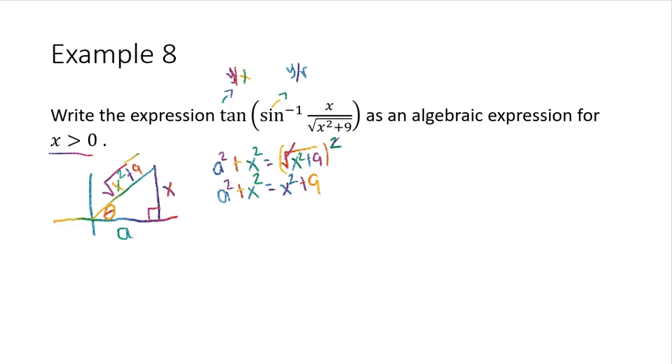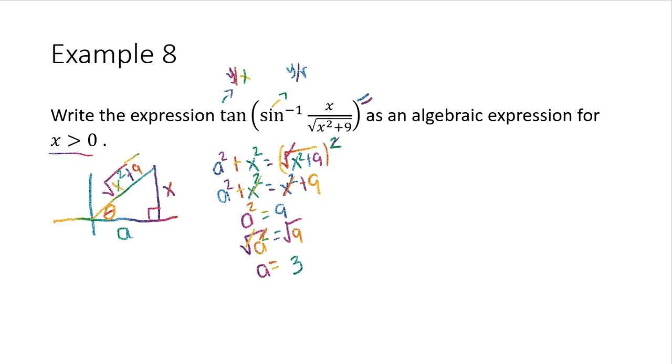Now when I solve this equation for a, I subtract the x squared, they cancel each other out, and we're left with a squared equal to 9. Let's square root both sides. The radical and the square will cancel. We have a equal to 3, and I'm going to leave this a positive 3 because remember we're in quadrant 1.